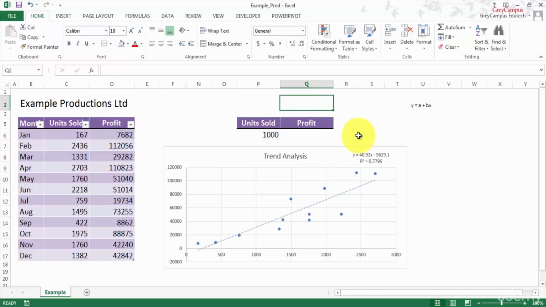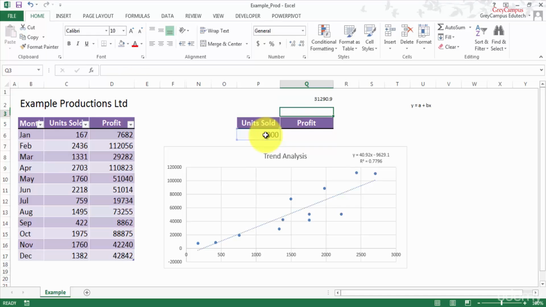So what we will do in this scenario, we will say equal to, so what is a? A is actually this particular value, minus. So if I just put y equal to a plus bx, whatever formula is here, I simply say 40.92 multiplied by 1000 minus 9629.1.